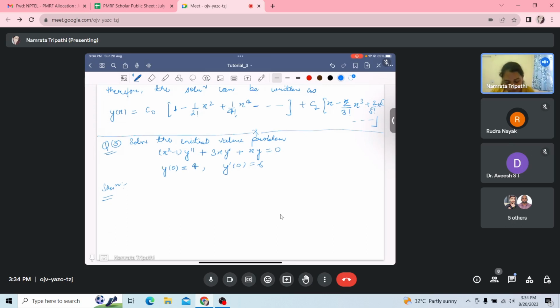Why is 0 the regular point? Since y of 0 and y dash of 0 are given, x naught is 0. Yes, so multiple values are given at a single point, so this is a regular point. Isn't it? If at any point such values are given, then those points become regular points. So here x = 0 is a regular point.